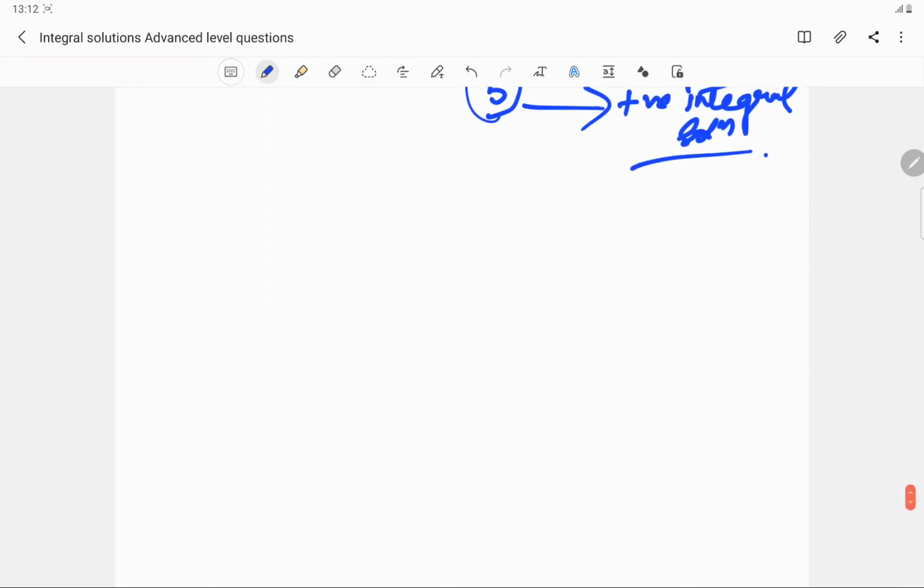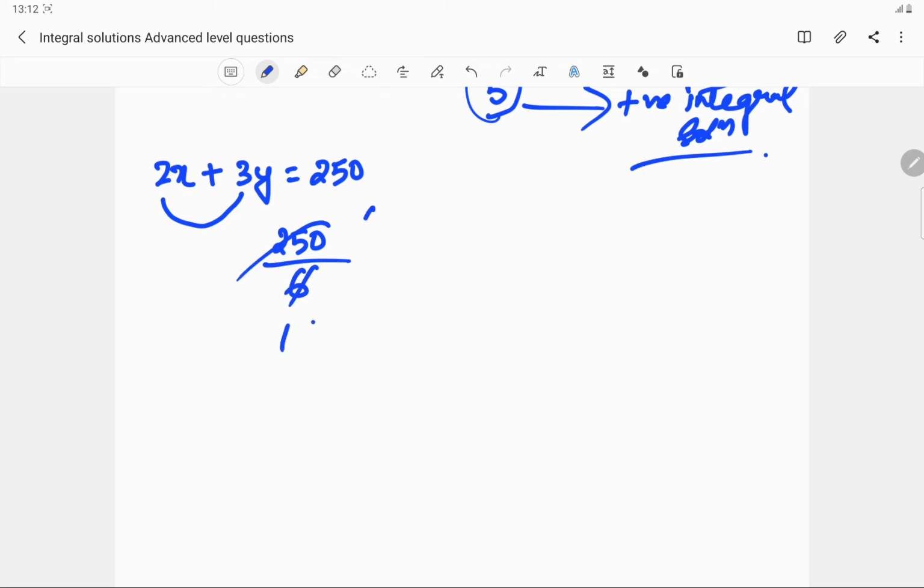So let us apply this method in this equation. The equation given is 3x plus 2y is equal to 250. Again, these two are co-primes, but only 2 is a factor of 250, 3 is not a factor of 250. So this is 250 divided by 6, which is nothing but 41 point something.